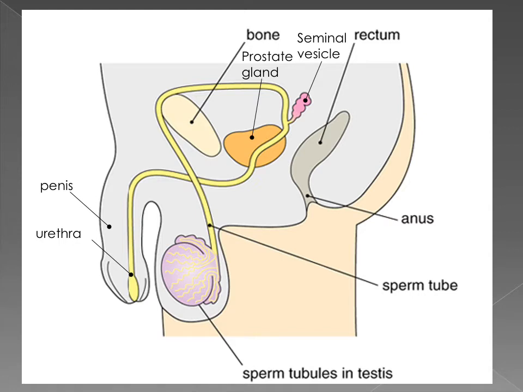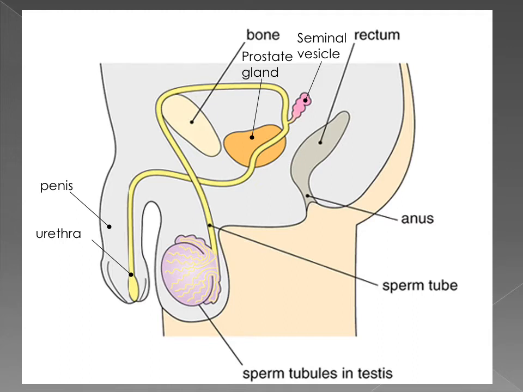If you remember peristalsis, we spoke about it when we talked about digestive systems, and it is a wave of contraction that helps to move things along a tube. All right, so the sperms move out of the sperm tube, and then it meets with two glands.